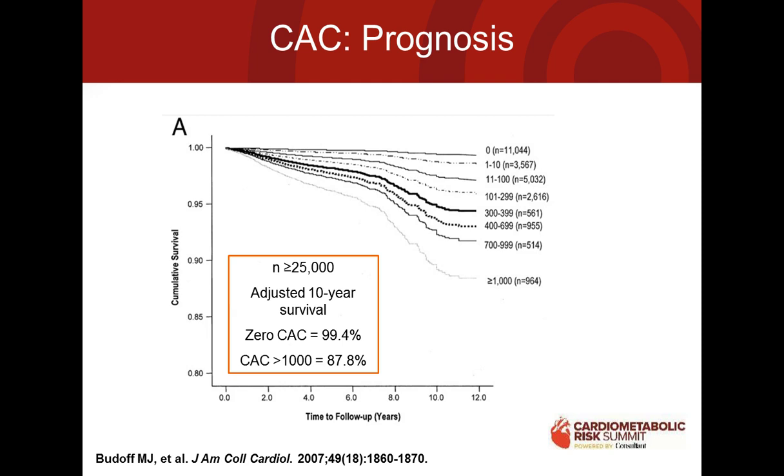If your calcium score was 0, your survival was greater than 99% at 12 years. If your calcium score was over 1,000, all-cause survival was 87.8%. So a pretty substantial difference in risk based on your calcium score.